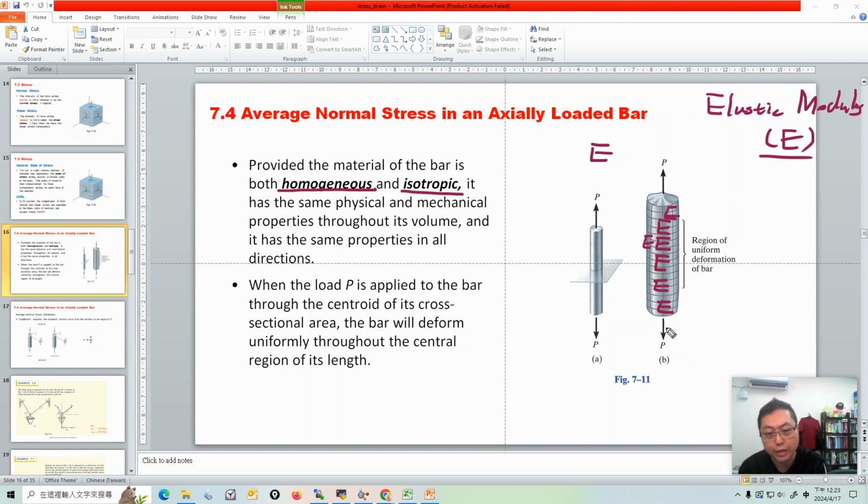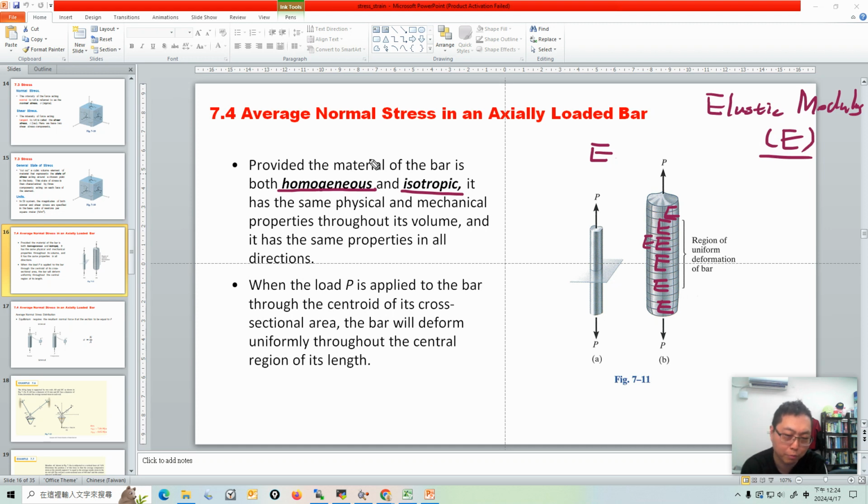But in reality, it's very difficult to make a material perfectly isotropic or homogeneous. It could be very close, but it's very difficult to guarantee that your material has no defect and that every physical property in every part is the same.